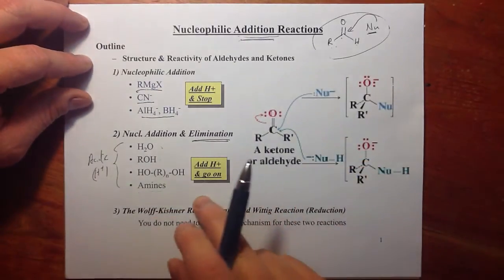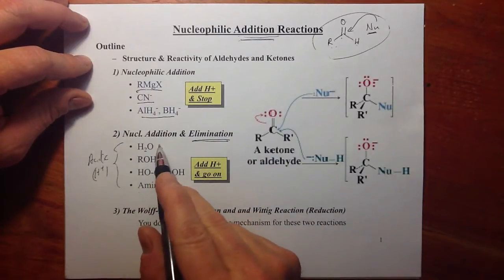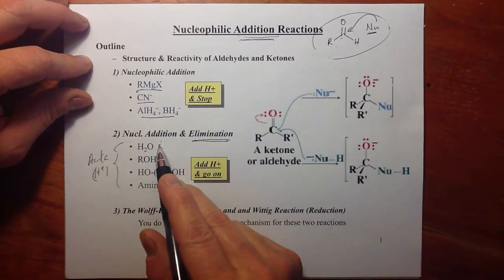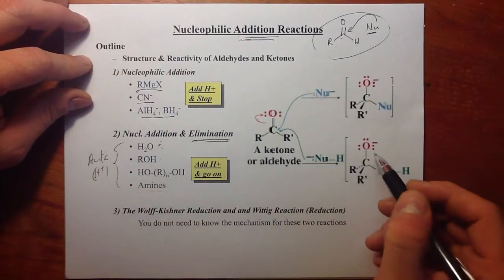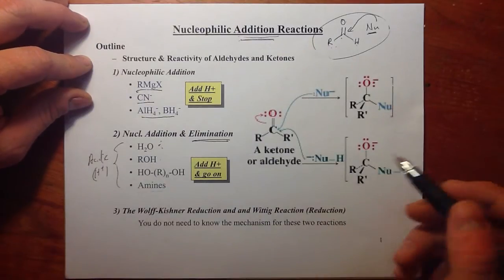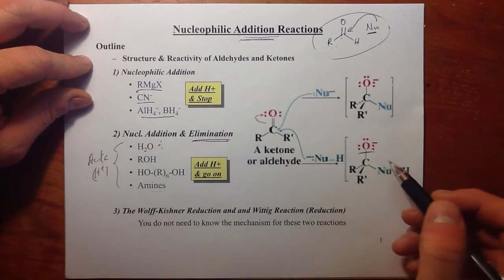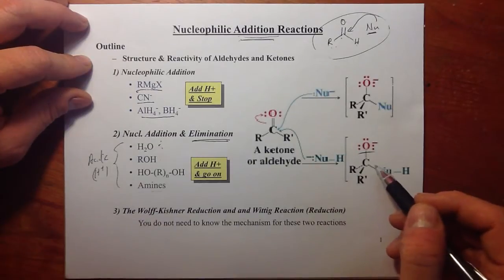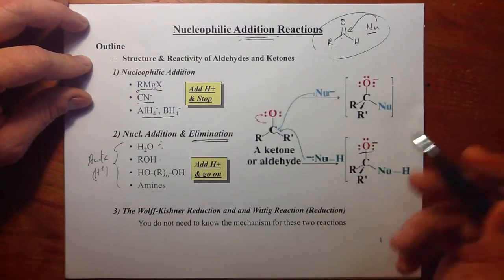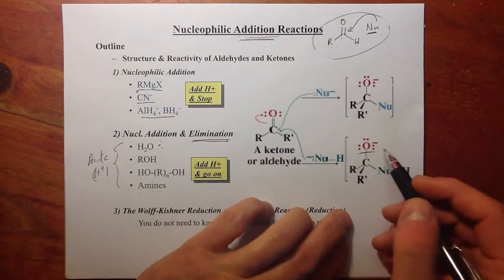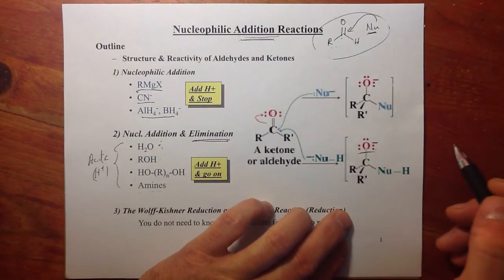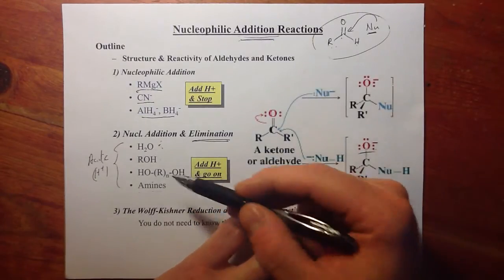And we'll look at that in the second video, where we'll have not just initial addition, but the potential to take this oxygen and do some elimination of this oxygen off as water, where we don't just cap with a proton and stop at addition. We'll go on and do more than just addition. That'll be in the second video.